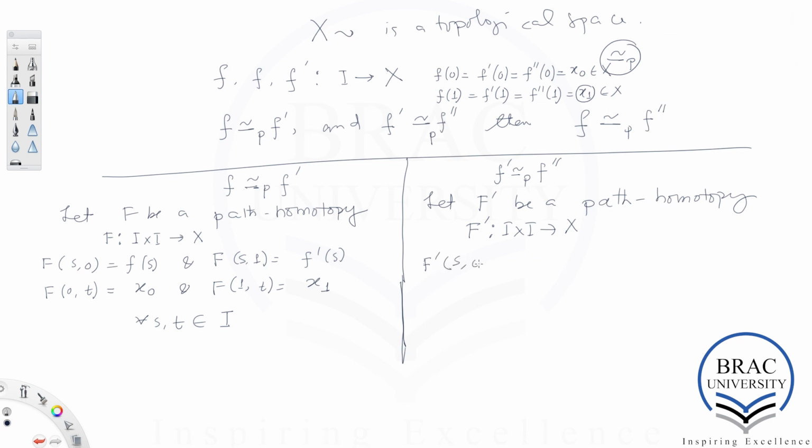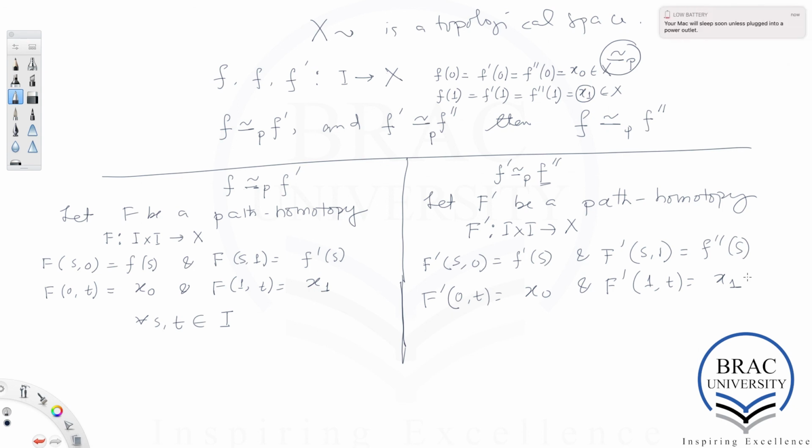F prime at s comma 0 is f prime of s, and F prime at s comma 1 is going to be equal to f double prime of s, and the initial point is F prime of 0 comma t, which is x0, and F prime of 1 comma t is the final point x1. Okay, so these are the data we are given.